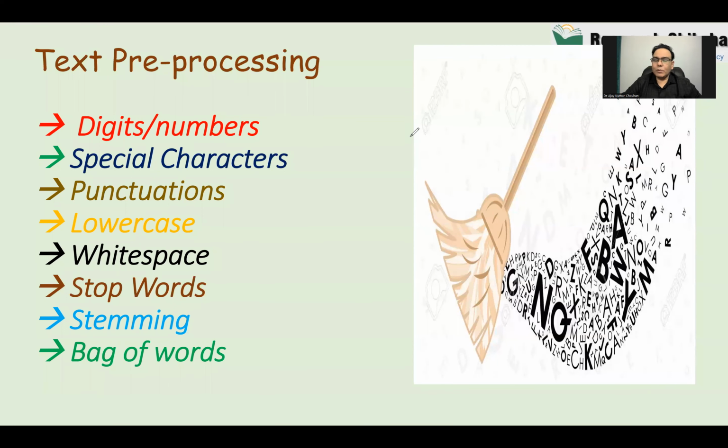And we also have the problem of white space. White space means when some extra space comes in between two words. So you need to remove the white space. And we also have the problem of stop words, stemming, and the bag of words.